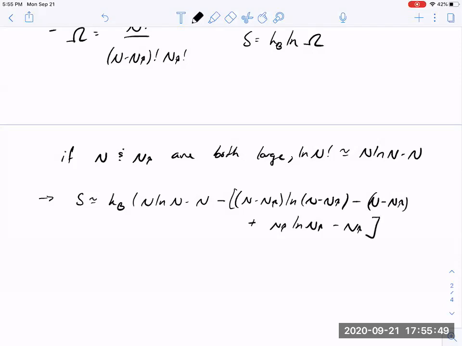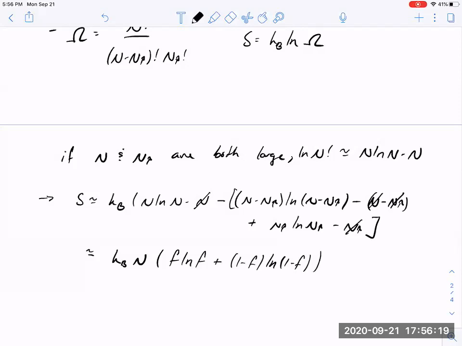That's a mouthful. Simplifies quite nicely. There's a factor of n up with a minus and with a plus there. There's a minus N and a minus N. Those all cancel. So we only have log functions left. Going through that algebra, pulling out a total factor of N, we find that the entropy can be expressed as f log f plus 1 minus f log 1 minus f.